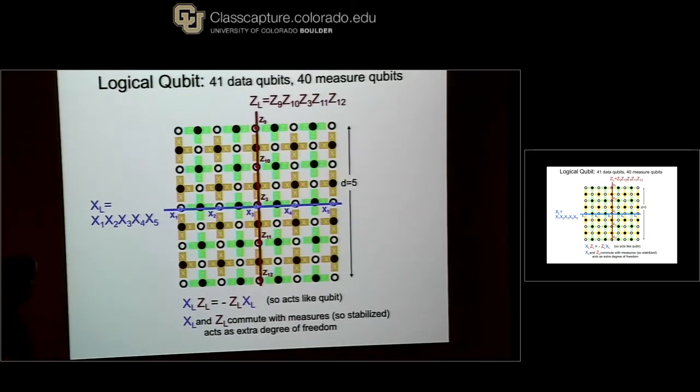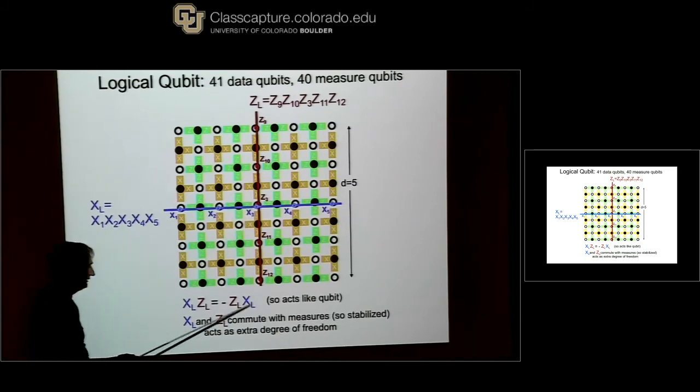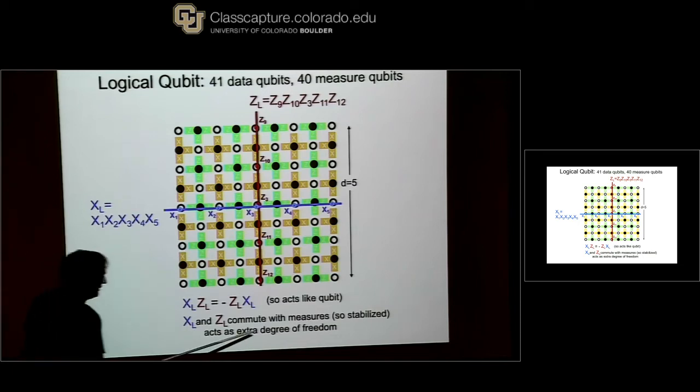And you can easily work out the commutation relationships so that X_L, defined this way, is equal to minus Z_L X_L, and that's trivial to see because you're always overlapping 1 qubit, and that has the anti-commutation relationship. It also turns out that these logical X_L and Z_L commute with all the measures, the stabilizers, so that it acts as a separate degree of freedom.